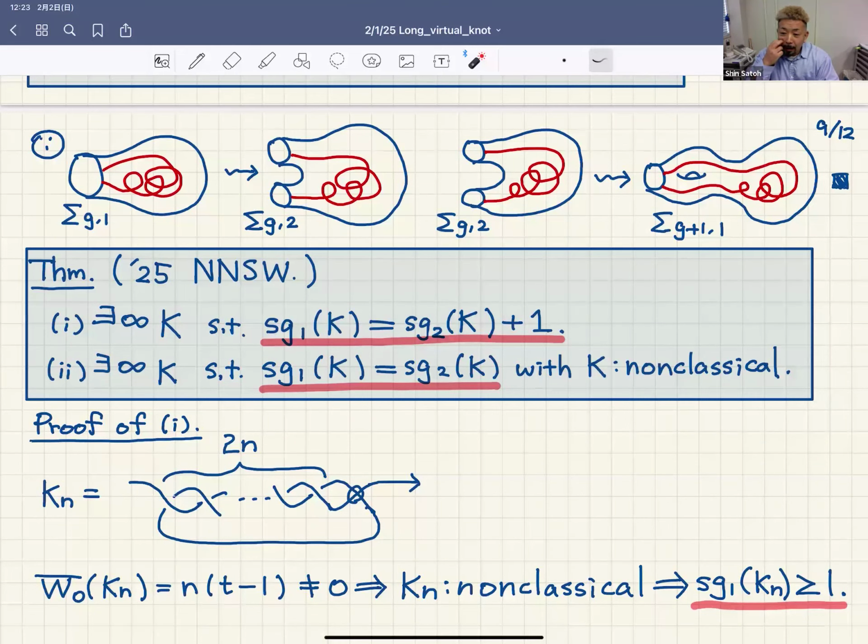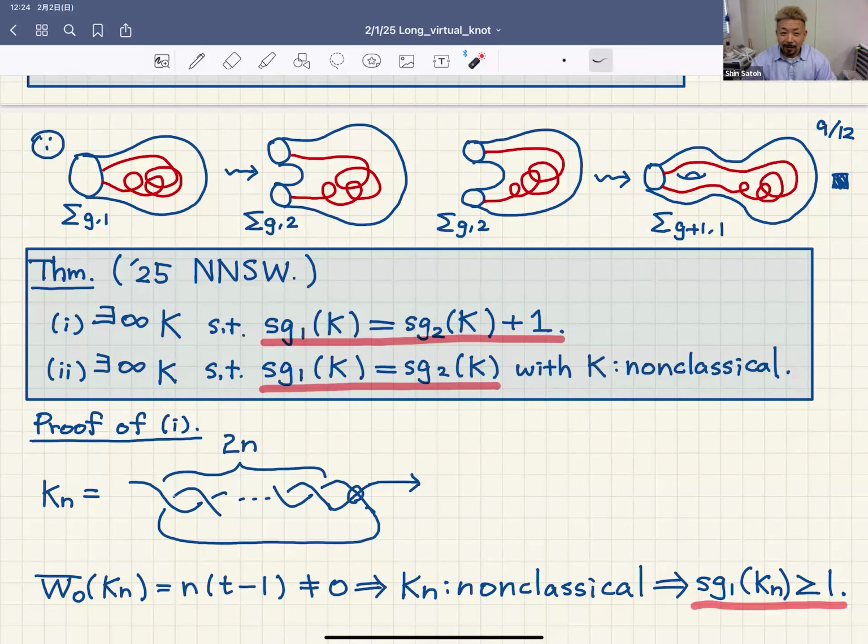Then we see that the zero polynomial W0 of this long virtual knot Kn is equal to n times t minus 1. Since this zero polynomial is non-zero, Kn is non-classical, so the one supporting genus is greater than or equal to 1.